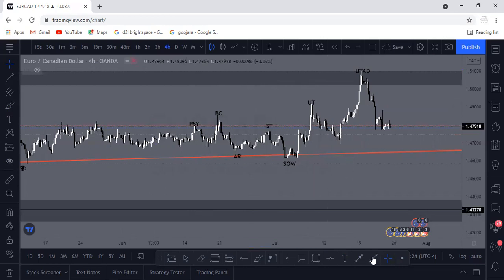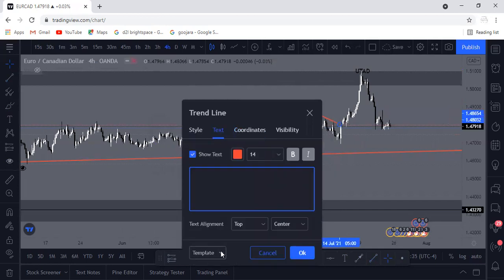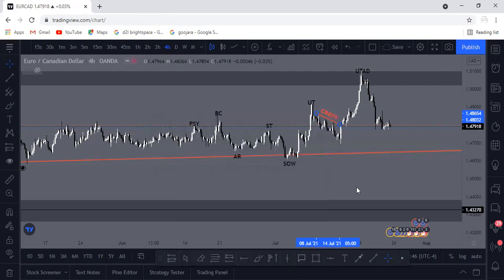We have the creek right here. This is the creek. All right, okay, this is your creek.